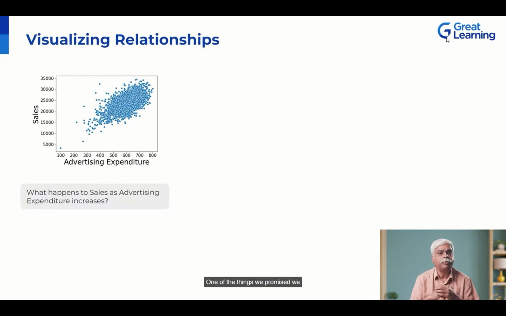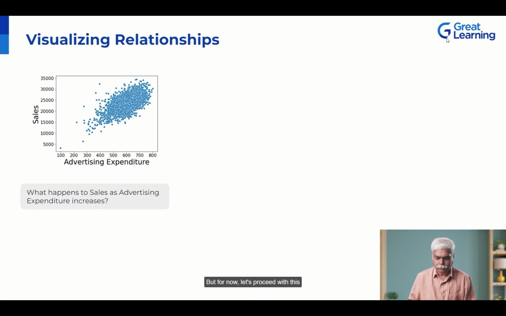One of the things we promised we would talk about is evaluating how good this is. Is this relationship actually good? Is it close to mathematical truism or truth? Or is it still just almost a random cloud of data and we are forcing a relationship between them? Where in this spectrum of certainty into uncertainty do we lie? We're going to have to take a look at that more closely.